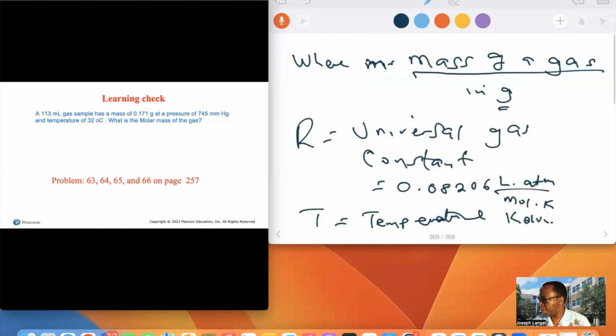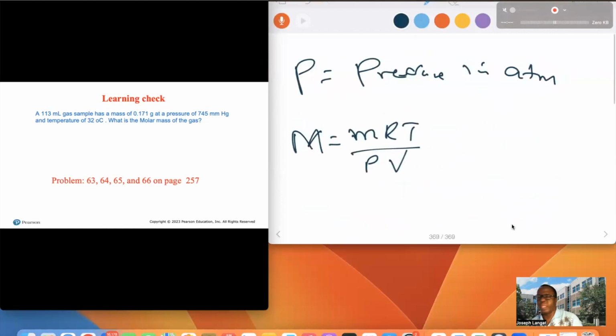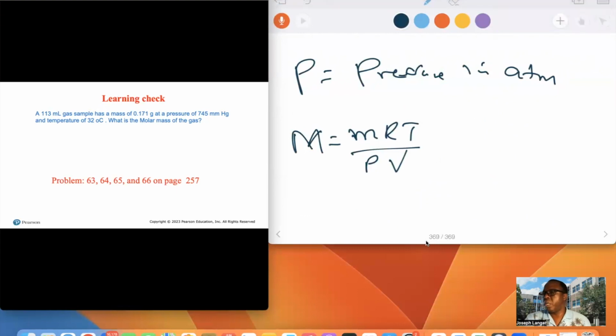Remember what I explained here. This is the molar mass, this is the mass, this is the universal gas constant, and the temperature. So we cannot plug in that. Remember, volume should be in liters, so we need to change that to liters as well.